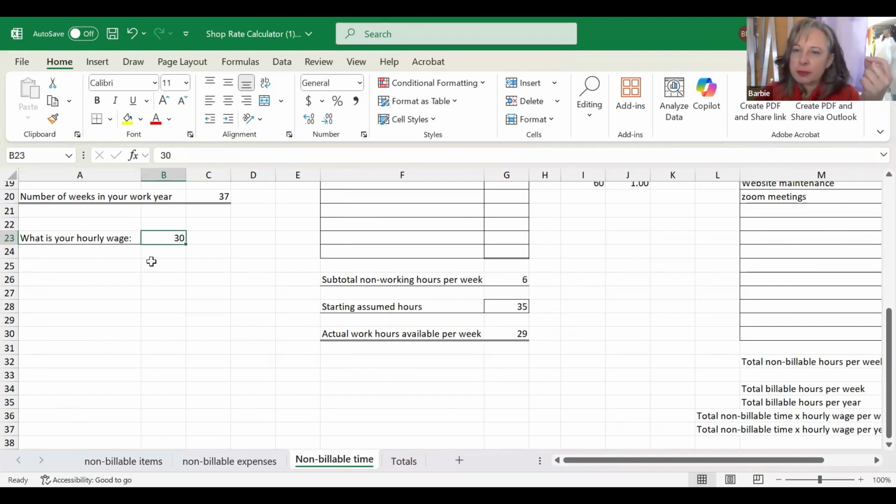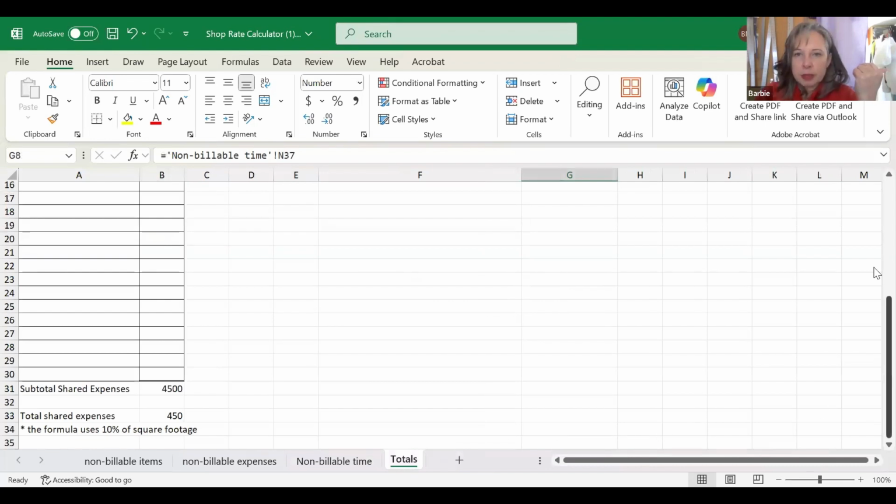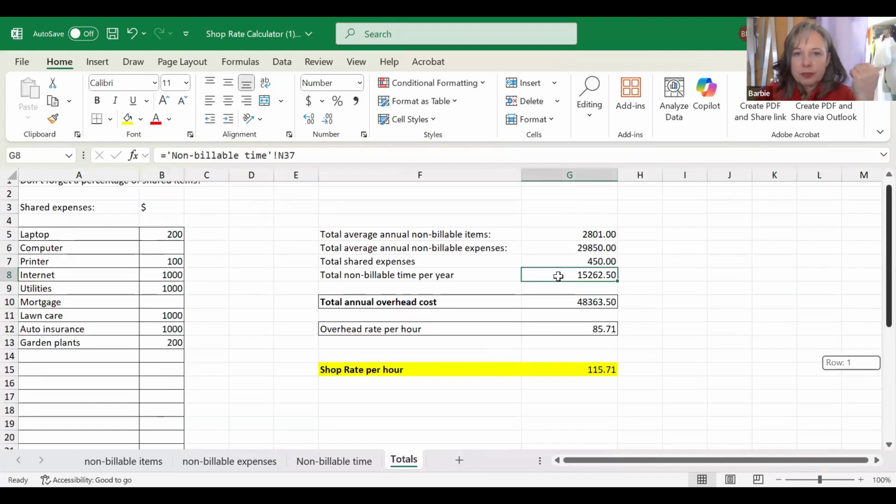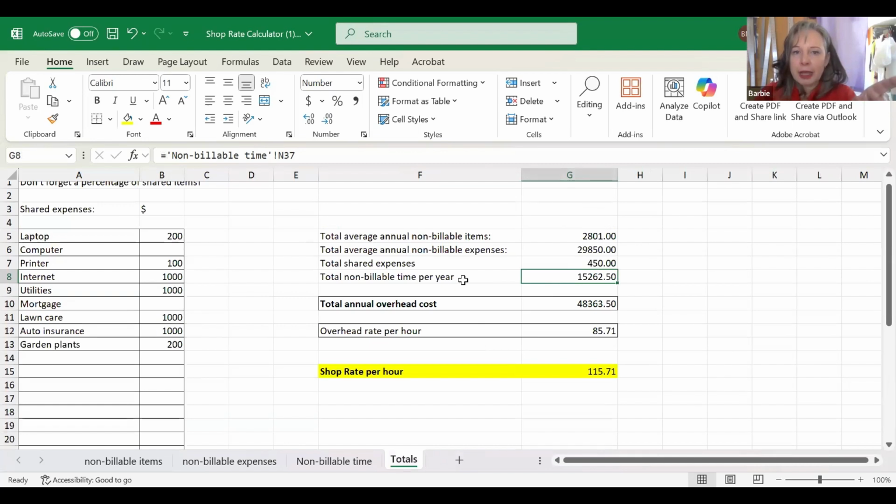And again, a really good starting point is at what rate would you work for another company doing the same thing, but being paid per hour plus benefits? Okay. So I just threw 30 in there. It's about 4 times minimum wage for this area. And that is the number that is plugged in here for my non-billable time that was calculated in the last page times $30 an hour is $15,000.